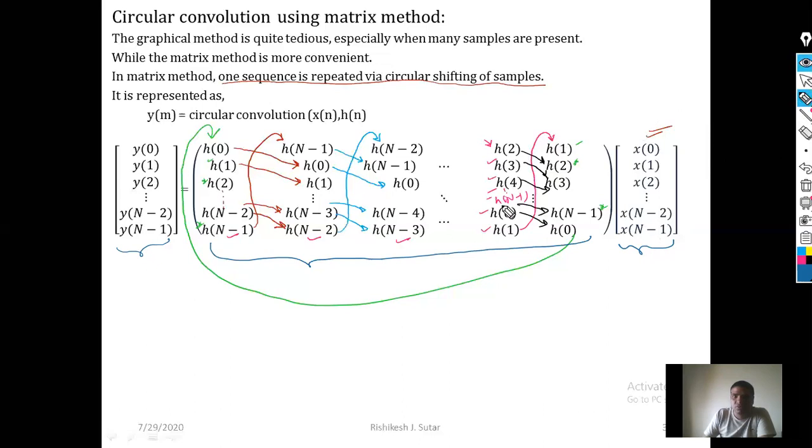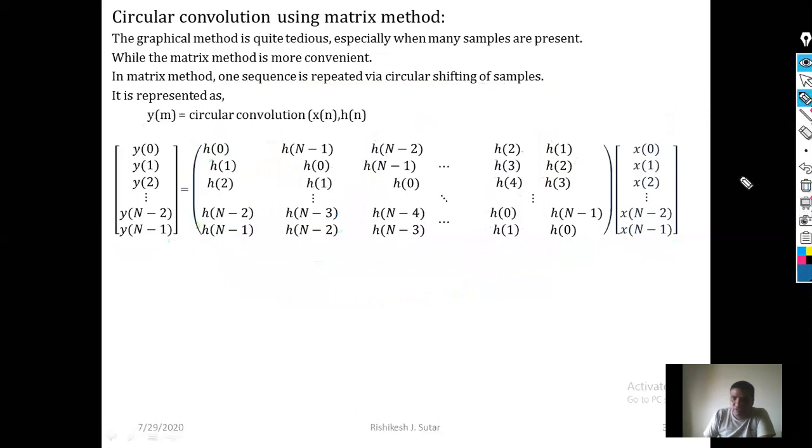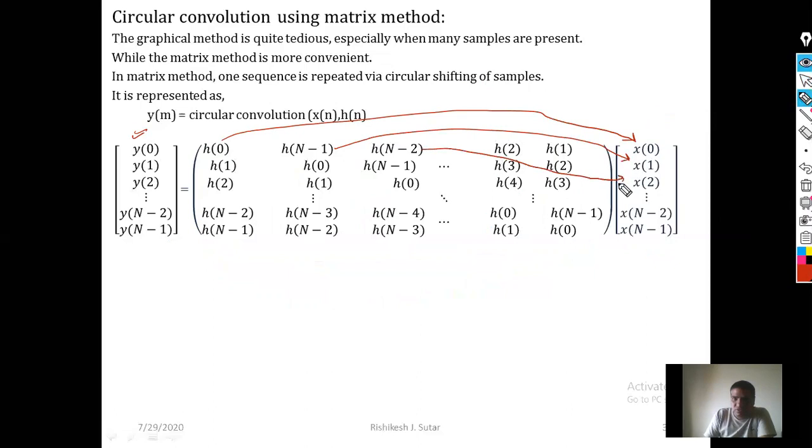So now we'll see how to calculate this y of m from this circularly shifted h of n and the x of n. Let me clear all the annotations. Let us see now one by one. If I want to find y of 0, I have to multiply this h of 0 with x of 0, h of n minus 1 with x of 1, h of n minus 2 with x of 2, h of 2, second last, with x of n minus 2, and h of 1 with x of n minus 1.